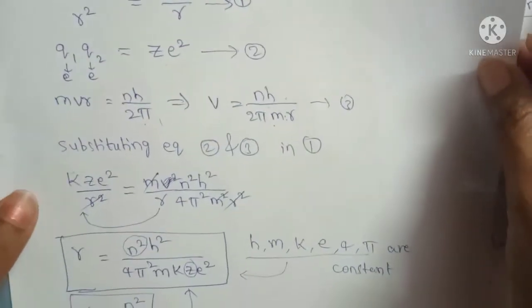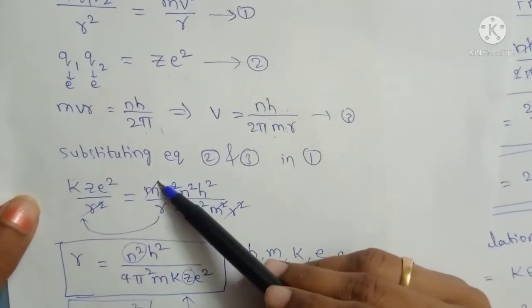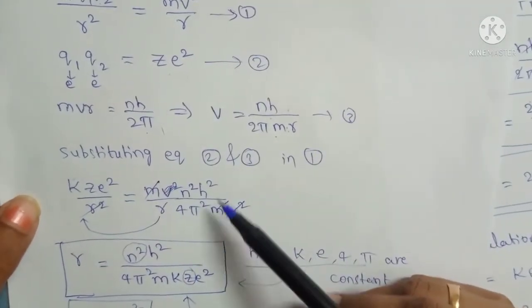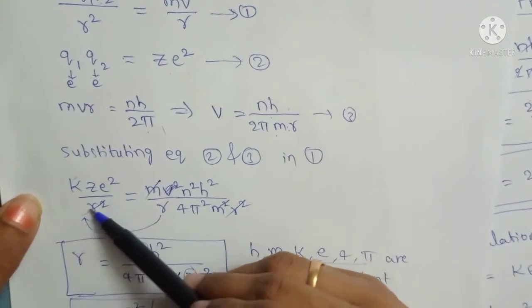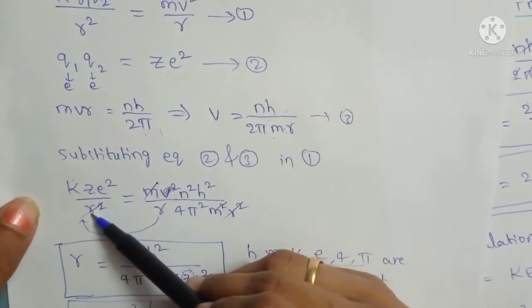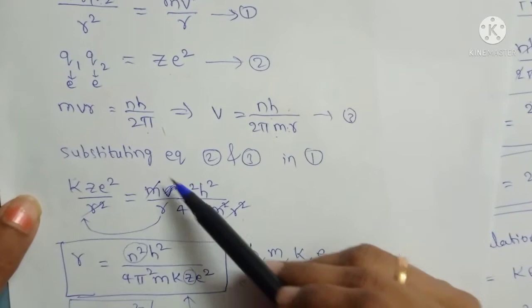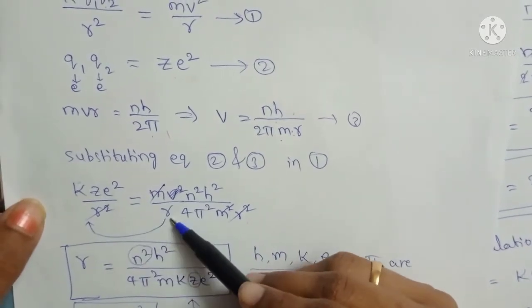On solving this equation, m will be cancelled out, and r square with r square will also cancel out. So by solving this equation we can get the equation for radius.